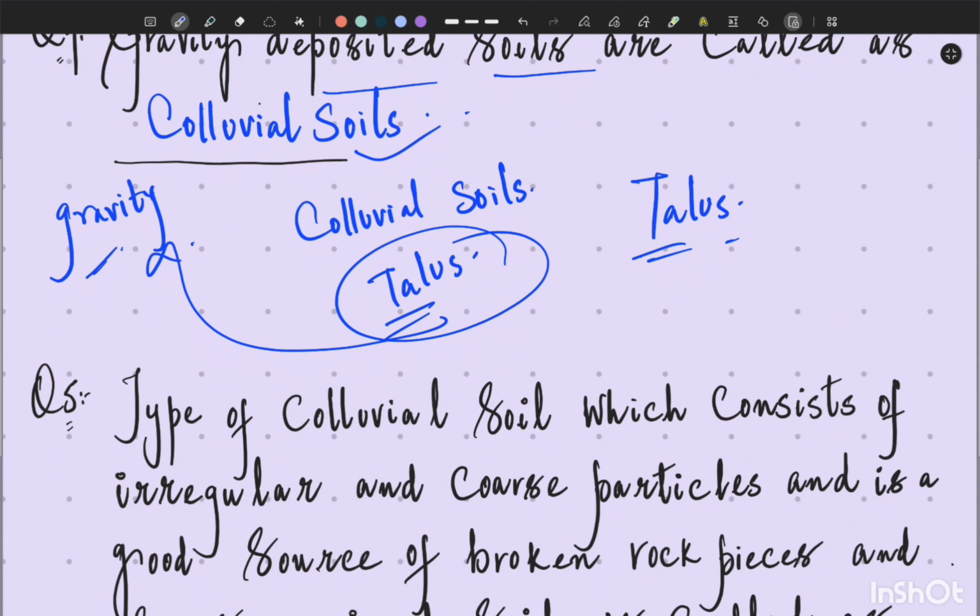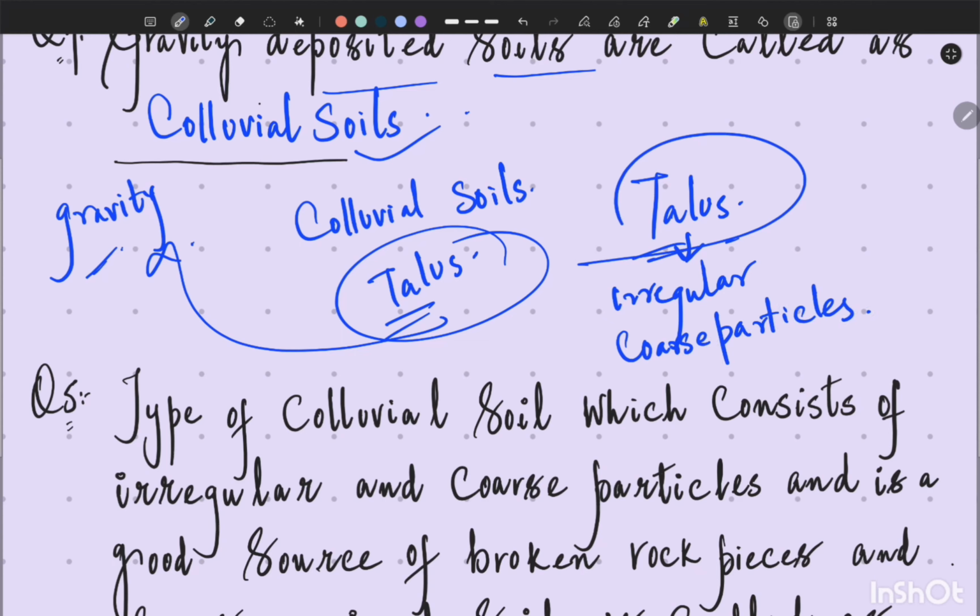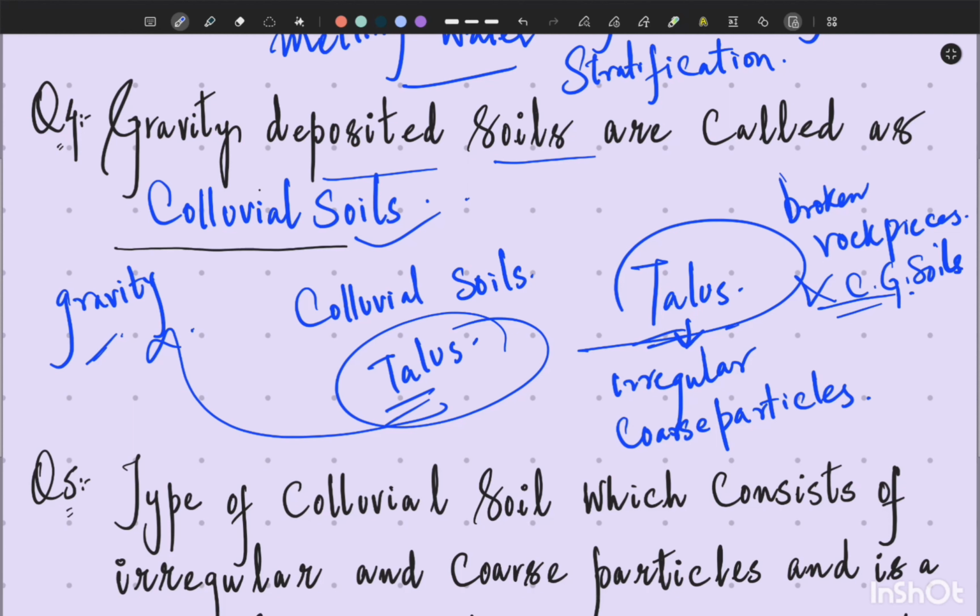Talus consists of irregular coarse particles, and this talus is also a good source of broken rock pieces and coarse grained soils, which are used for many engineering works. All right, so this was about the gravity deposited soils. They are known as colluvial soils.